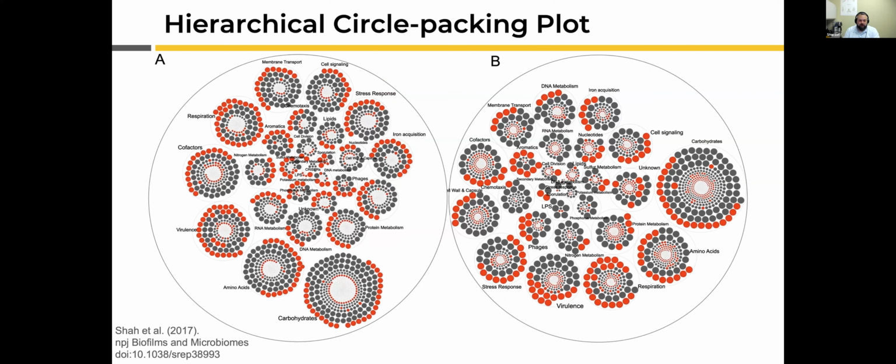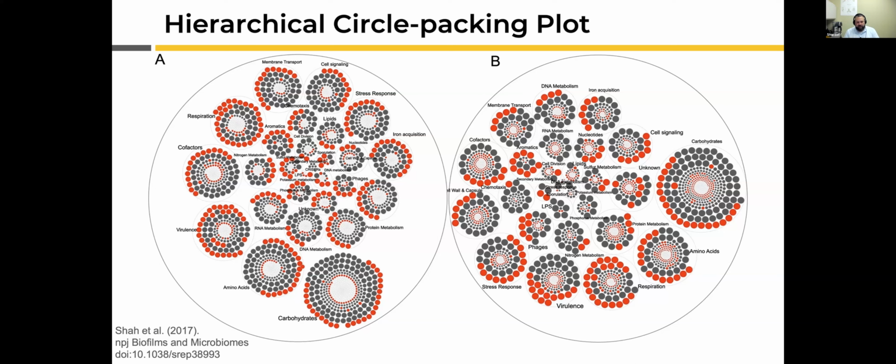One of the cool things you can do, and this is a visualization method that I developed, is applying hierarchical circle packing to the results of differential abundance analysis. And this utilizes, I want to say, the SEED database. The SEED database is a hierarchical database, and this allows you to visualize within each of those hierarchies. So you can see carbohydrates, and within carbohydrates you can see those genes that are associated with processing carbohydrates, or virulence, or DNA metabolism.